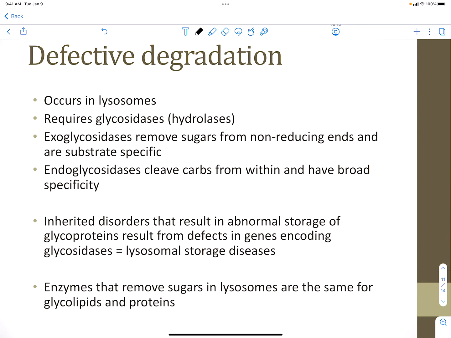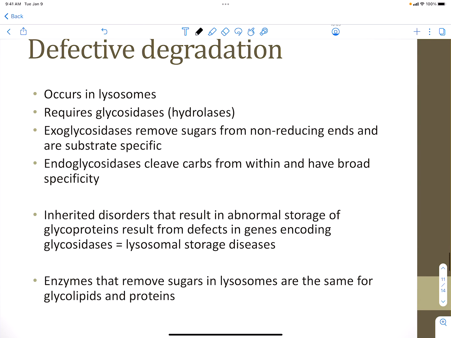Now, we can have defects similar to what we saw with our proteins if we have lysosomal deficiencies. Your lipids also traffic through lysosomes, and lysosomes have hydrolases that remove the sugars from both proteins and lipids. Exoglycosidases acting from non-reducing ends are very specific, while endoglycosidases cleave carbohydrates within the chain and have broader specificities.